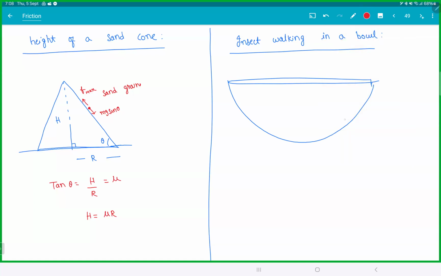and in this, if an insect is trying to walk, you need to understand the force which is responsible for you to walk is friction. So friction is actually trying to take you up. And what is dragging you down is mg sine theta. Again, the same logic. The maximum angle you can climb is the angle of repose.